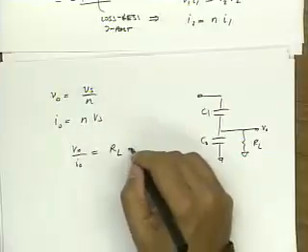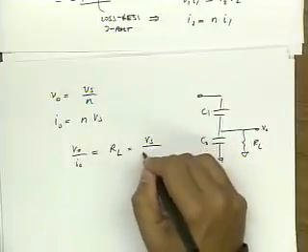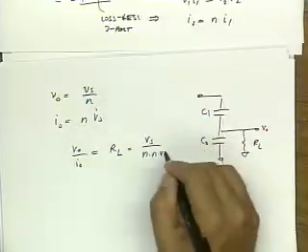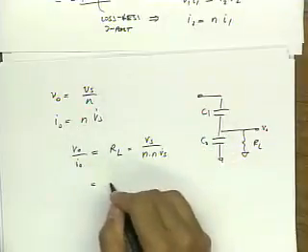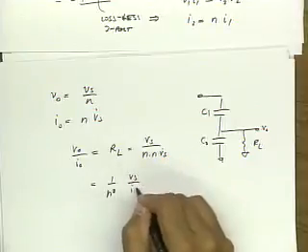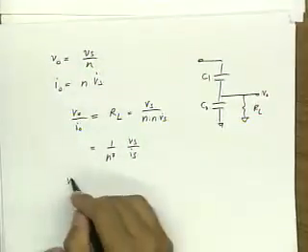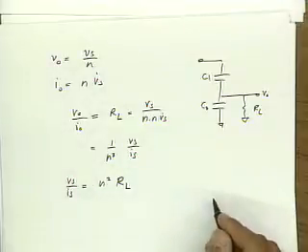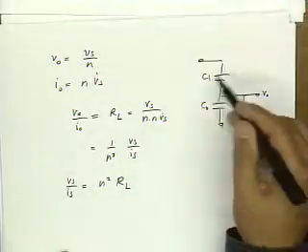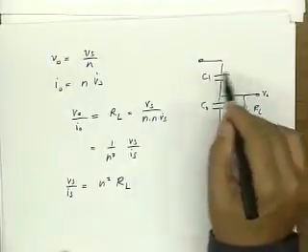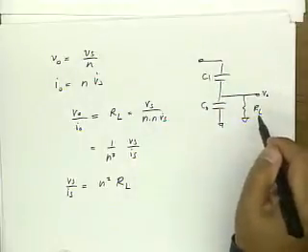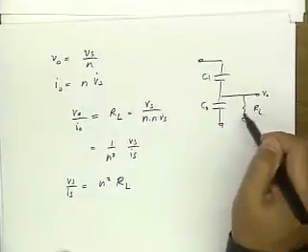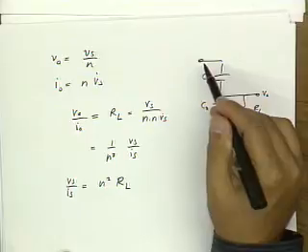But substituting here, it's equal to Vs over N times N Is. In other words, it's 1 over N squared Vs over Is. So Vs over Is is N squared times RL. So basically just looking at the real part of the current that flows, we see that this voltage divider boosts this resistance up by a factor of N squared.